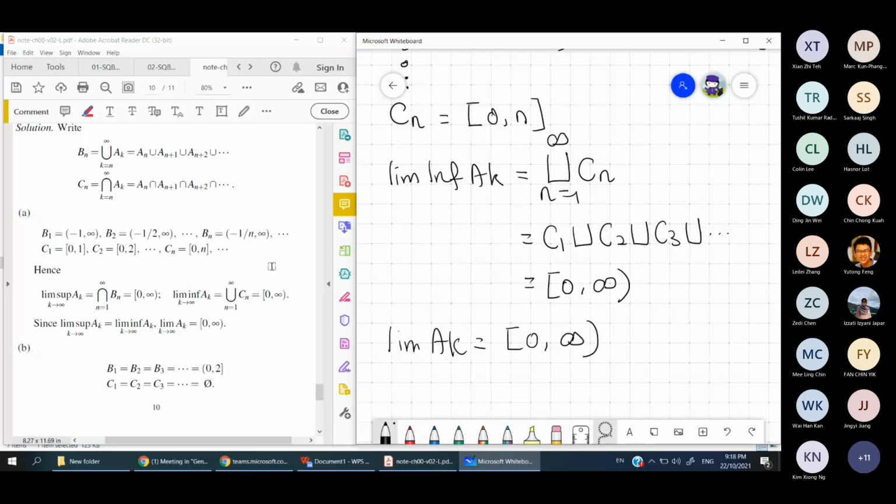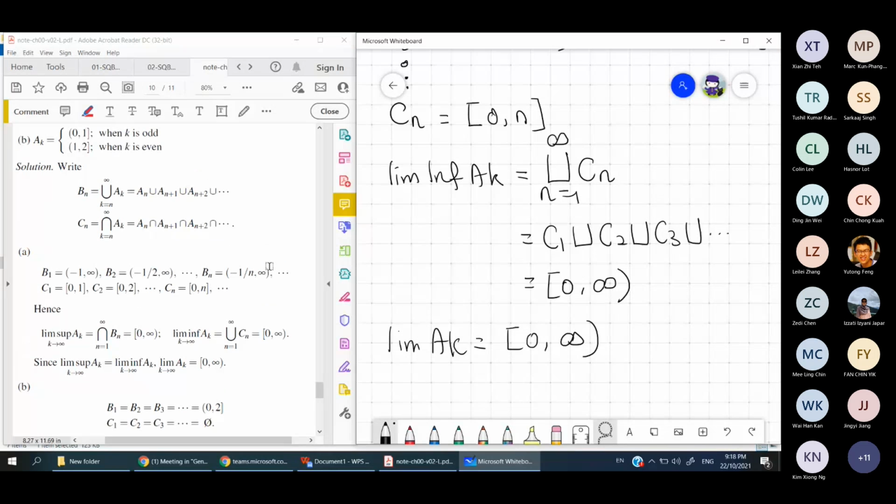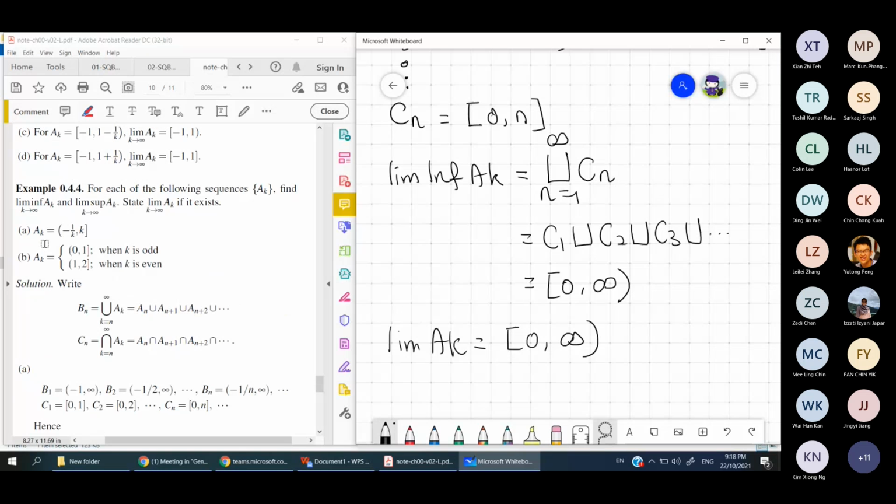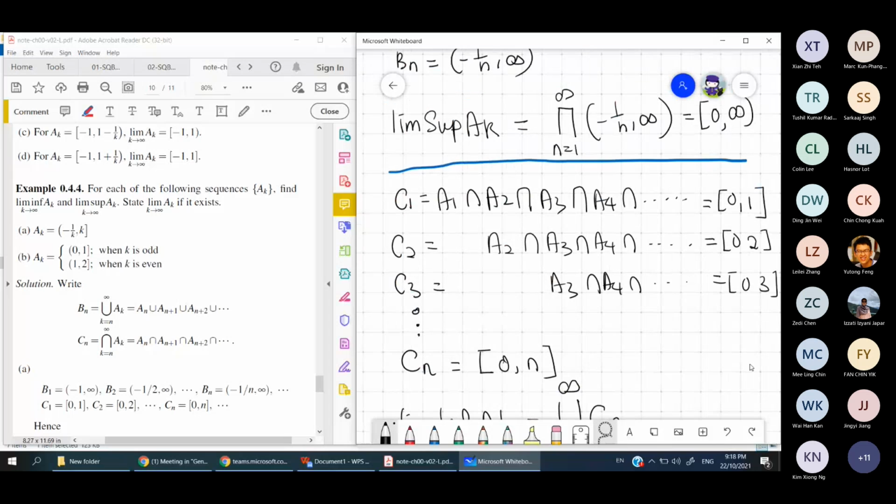So that's the way. What you need to do is just do it step by step. You look at the pattern for your AK. Maybe if you want, you can list out the first few terms for A. You list out A1, A2, A3, A4 like this.